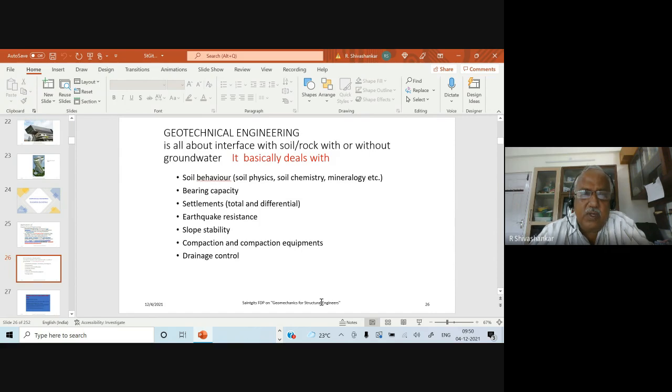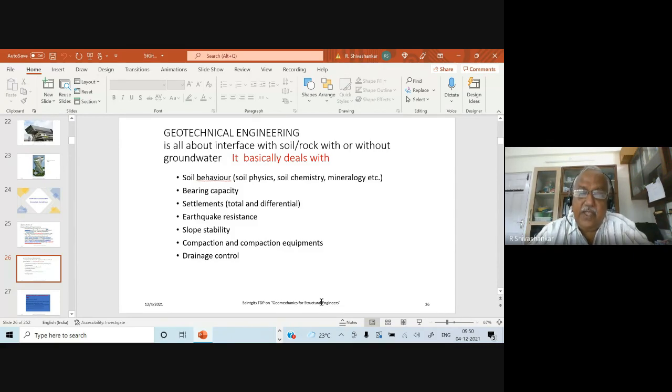So whenever I say geotechnical engineer, coming to the practical aspect, we deal with bearing capacity. We say ultimate bearing capacity, safe bearing capacity, allowable bearing capacity, and we don't want the stresses beneath the footing to exceed SBC. And in case of shallow foundations, there should not be any negative or uplift pressures.